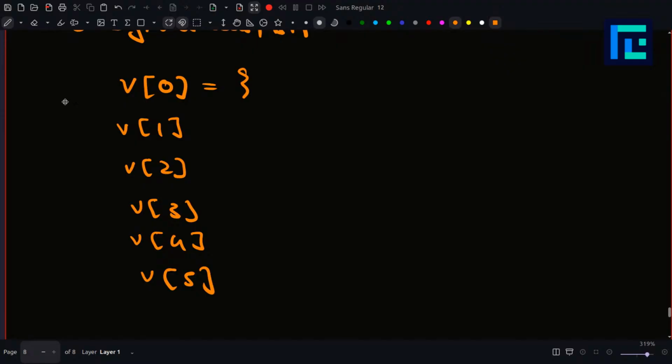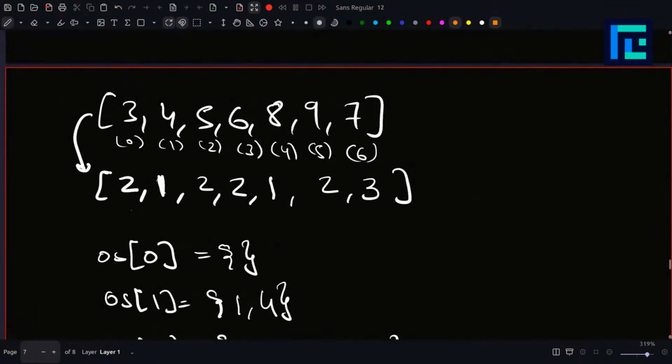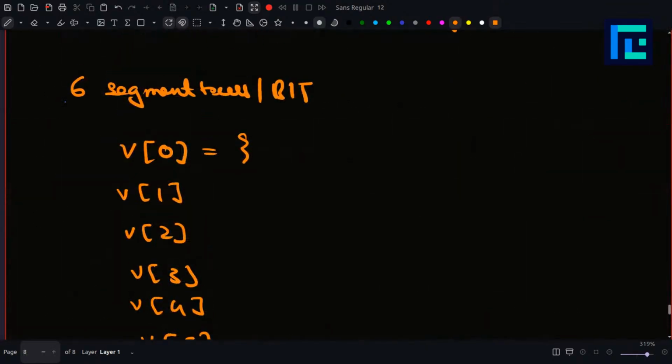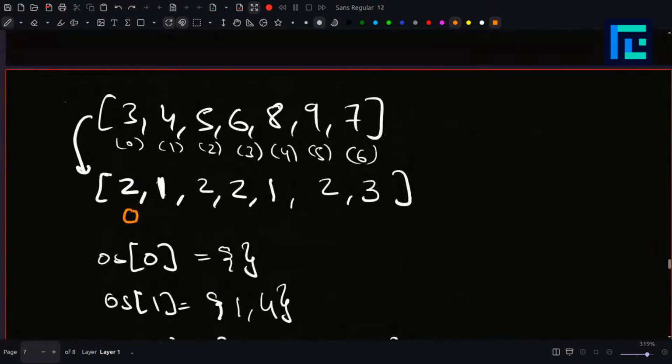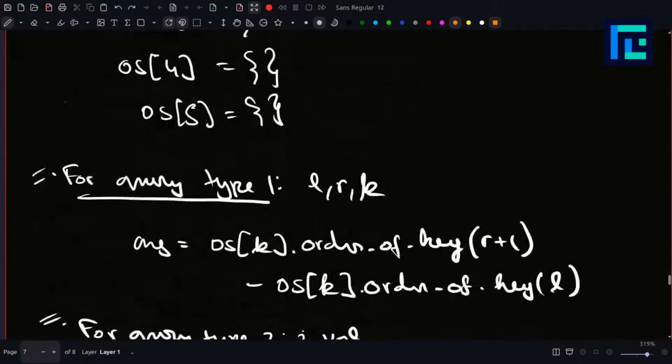Basically, the leaf nodes of the segment tree will be 0 if the current position's popcount depth is not equal to k, otherwise they will be 1. For our above example, we can see the popcount depths are 2, 1, 2, 2, 1, 2, 3, right?